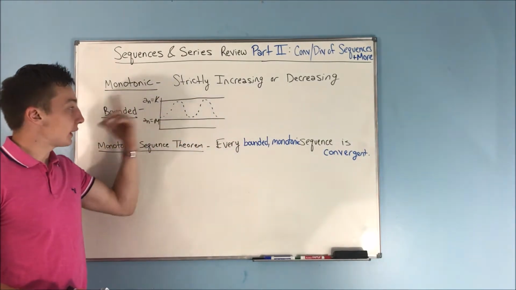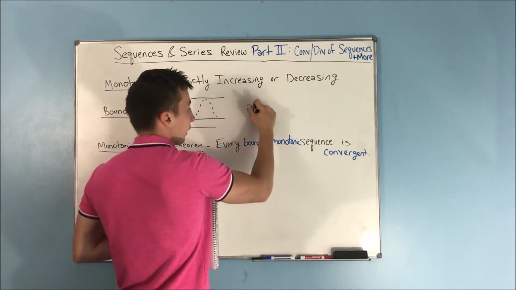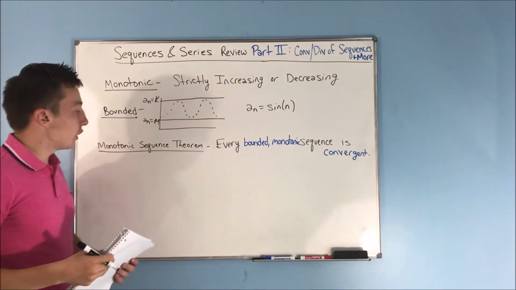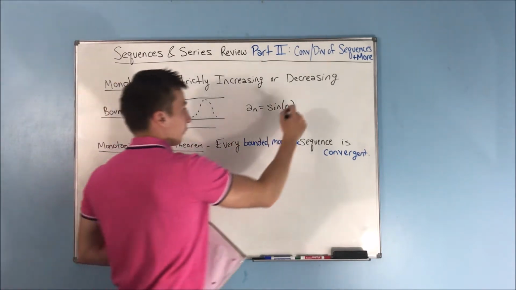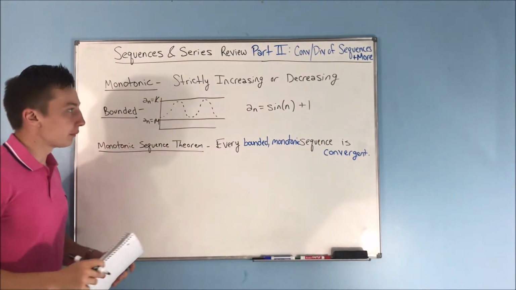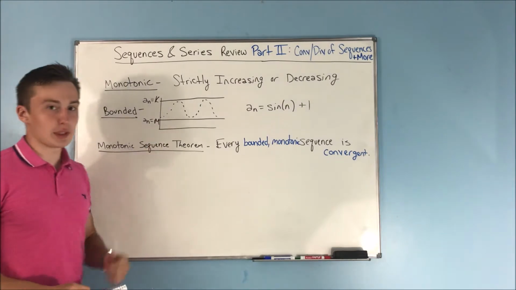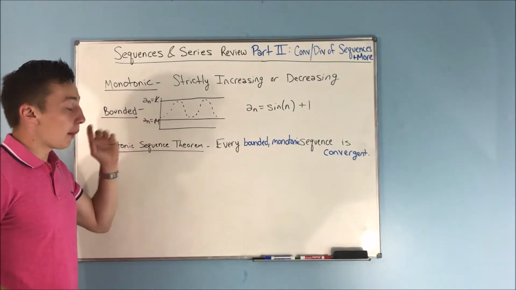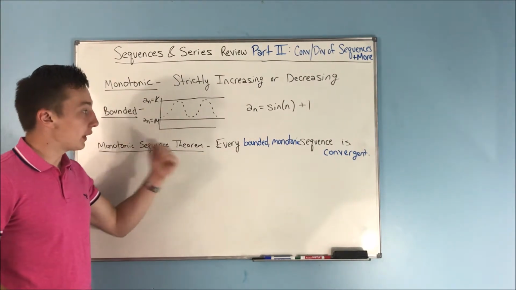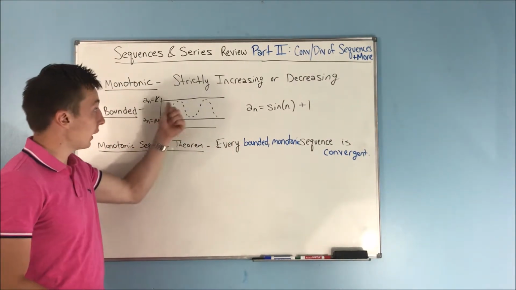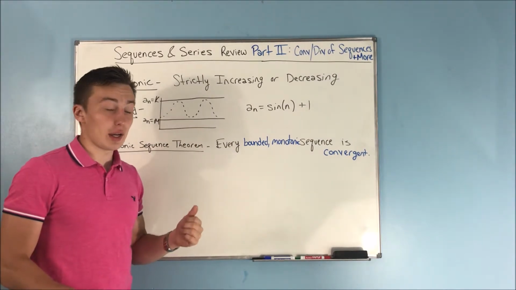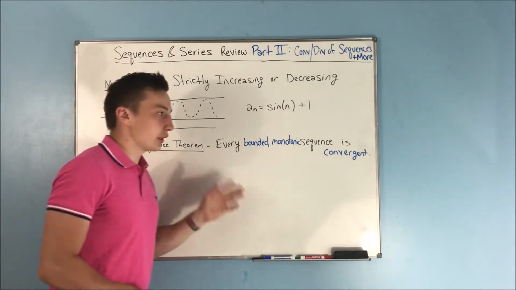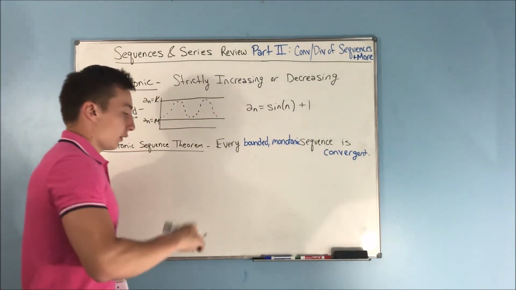Now let's say that this represents a sub n equals sine of n plus 1, because sine of n would start from there. Anyways, you can't say that this is convergent by the monotonic sequence theorem because it's not monotonic. It's not strictly increasing or decreasing. It's doing both. But it is bounded. So let's do a quick example.